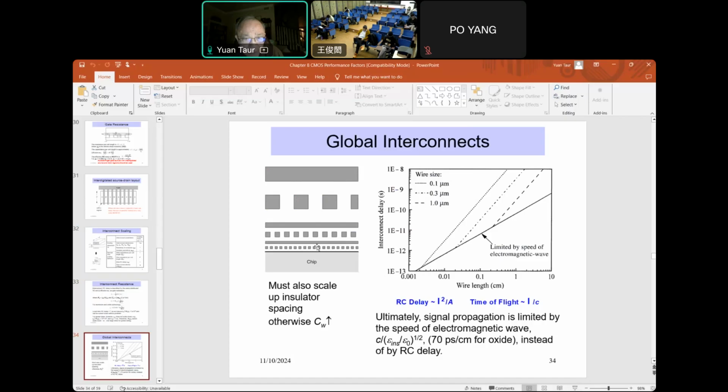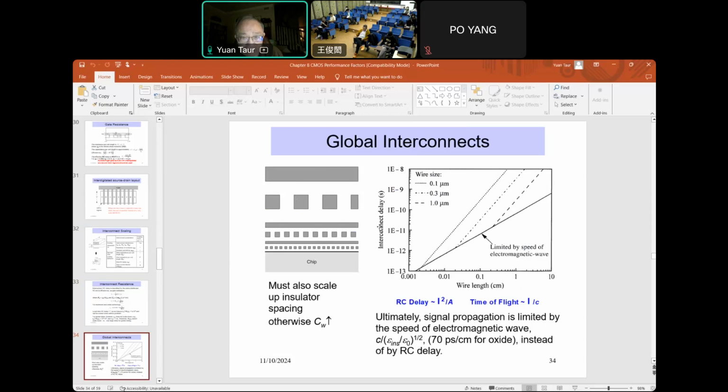So for shorter wires, we use the smaller size, smaller cross section to wire the local circuits. But for global wire, with global interconnect, we use the large one until the wire delay becomes limited by the speed of EM wave. Basically, it's the speed of light.